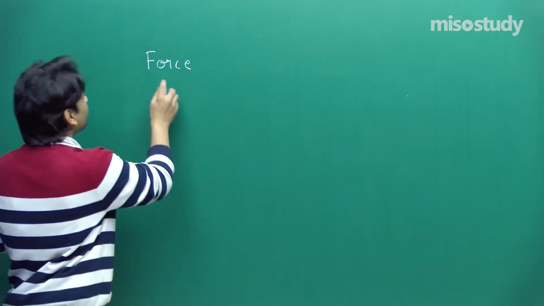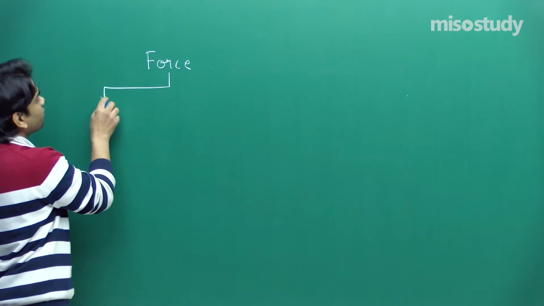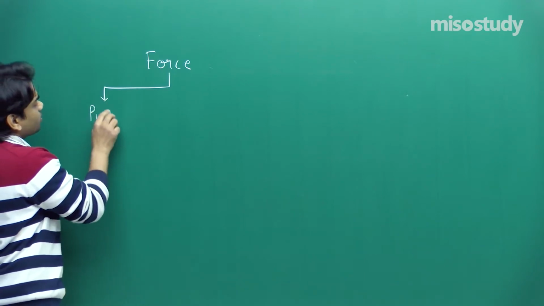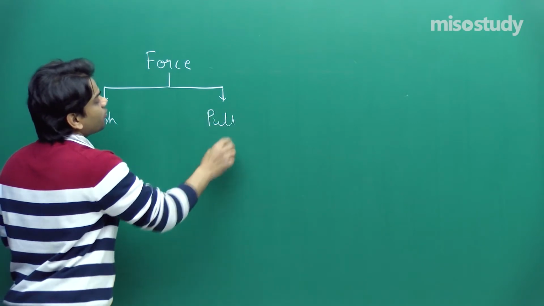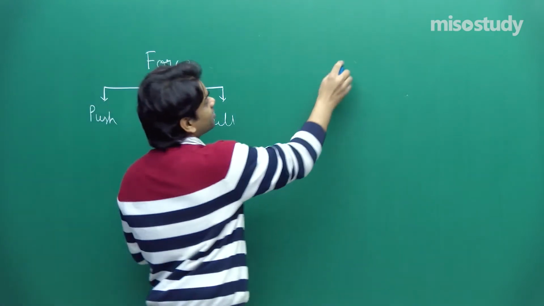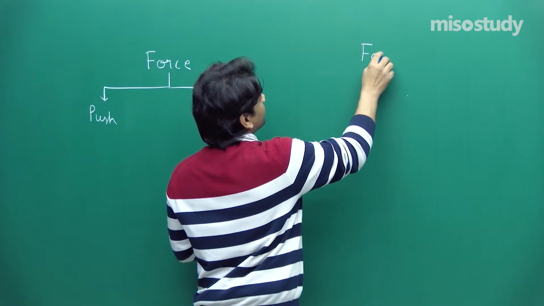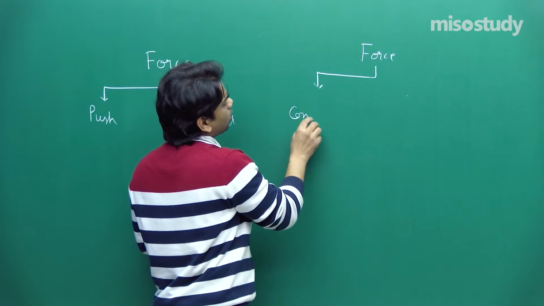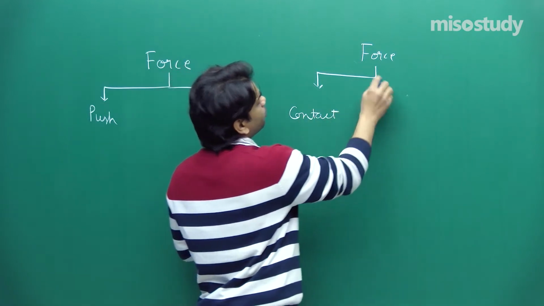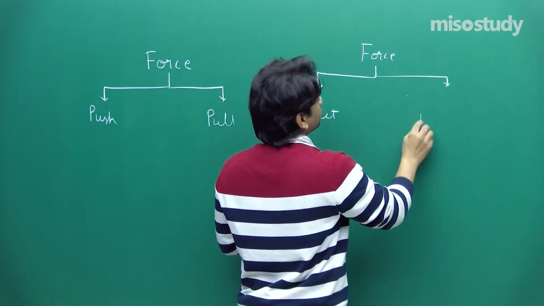So we can classify it into push or pull in one way, and we can classify further whether it is a contact force or a non-contact force. This is the second way of classifying force. We will discuss all of this: push effect, pull effect, contact force, non-contact force.